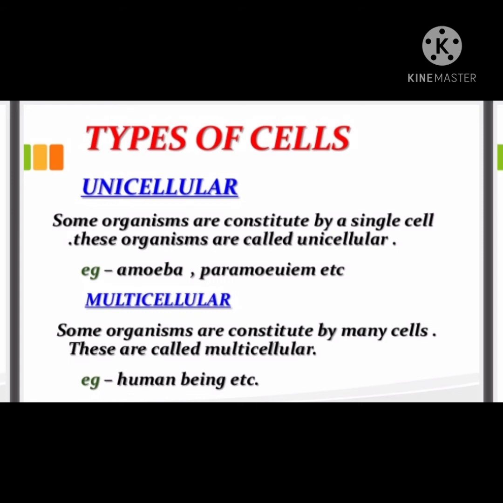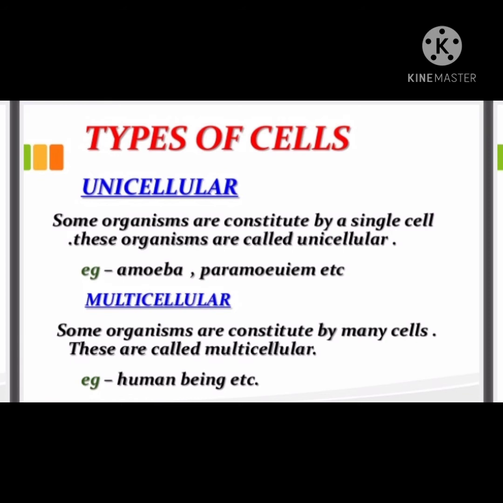These are the organisms in which the whole body is made up of a single cell. That single cell is enough to carry out all the living activities such as digestion, respiration, transportation, excretion, etc. All these life activities are carried out by the single cell itself. That is a unicellular organism.